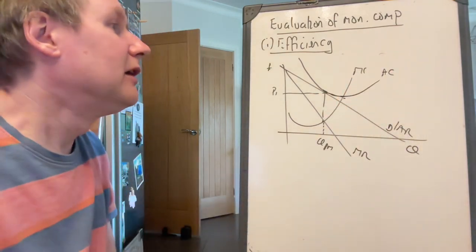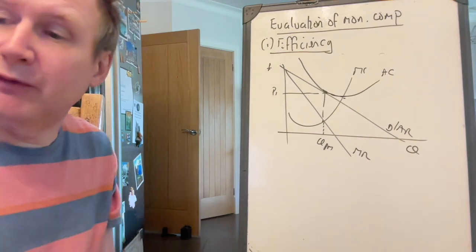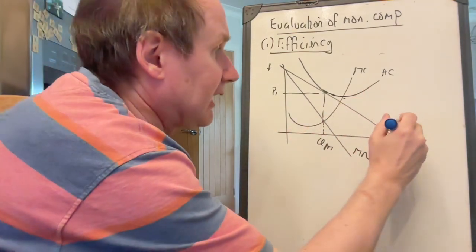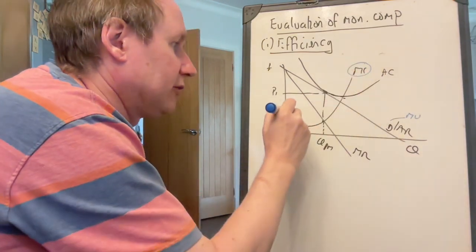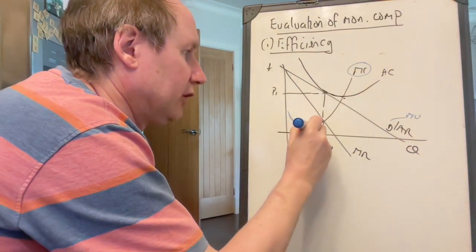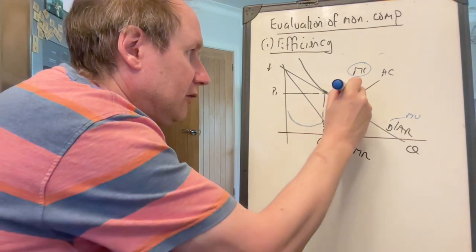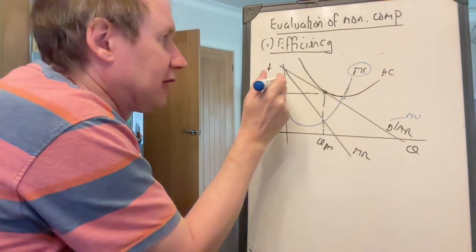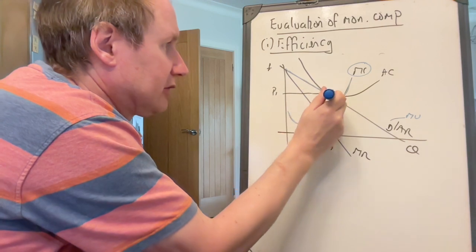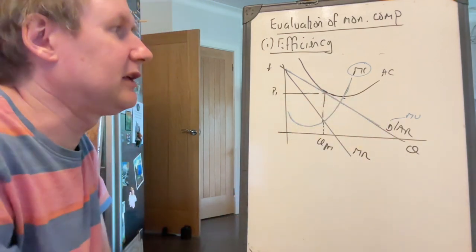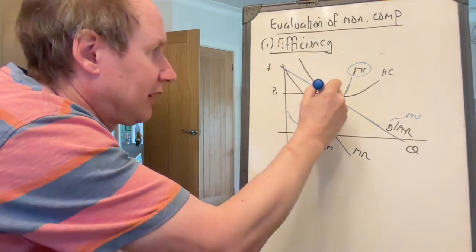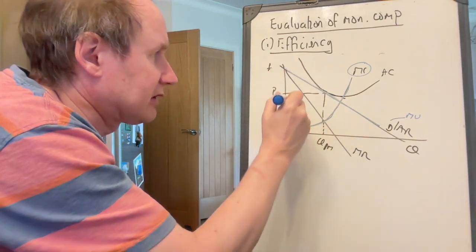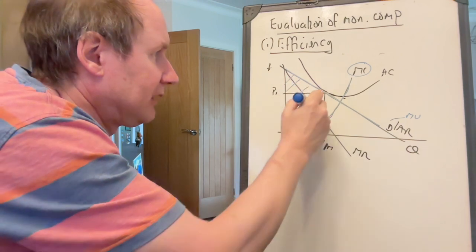Average cost like that. The allocatively efficient output, again, we said is where demand, marginal utility, equals marginal cost. We want to produce all the units where the extra benefit shown by marginal utility is greater than the extra cost. So if we produced all of those, welfare would have been this kind of slightly strange area here, like that.